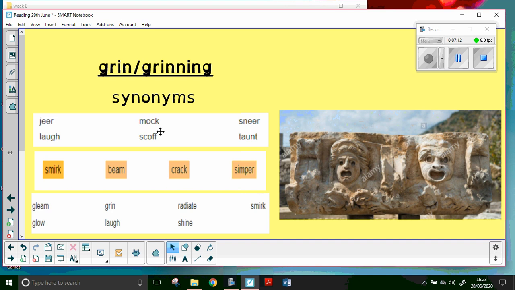And I didn't feel there was enough there, so I've also looked at what's called near synonyms.